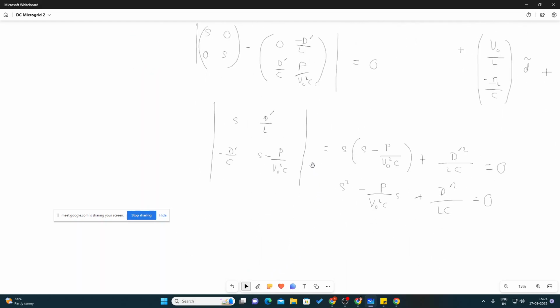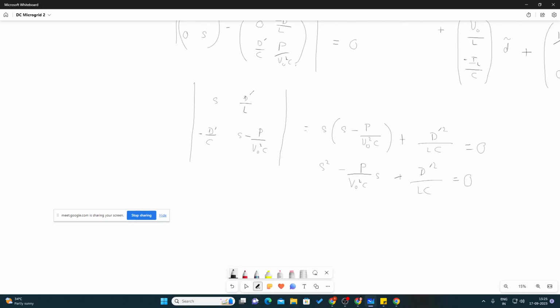So now, can you identify why this operation is unstable? The roots are positive, always. P is always positive, since you cannot provide negative power.